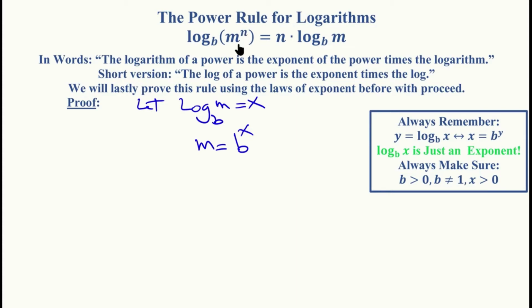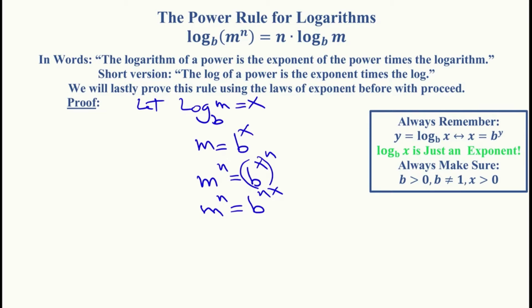Notice this time we want to know what m to the n is. So we're going to go ahead and raise both sides to the power of n, and we get this like so. So if I just simplify the right side, I get m to the n equals b to the xn, or I'm going to write nx, you'll see in a minute why.